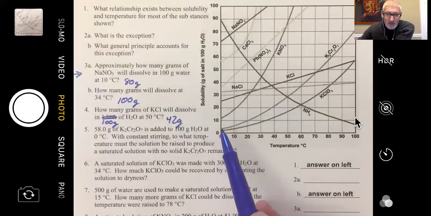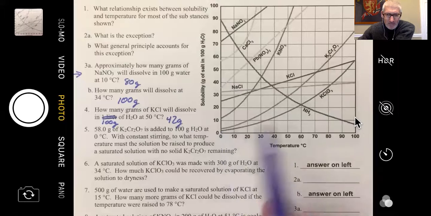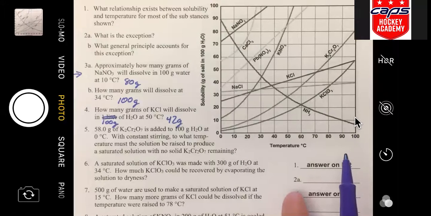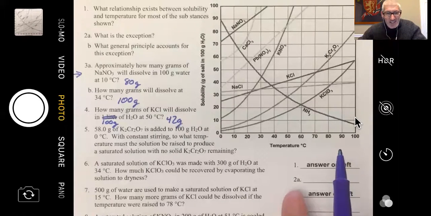So I want you to think about this for a second, Dylan. At 0 degrees Celsius for my K2Cr2O7, how much should I be able to dissolve, roughly? Like 4.